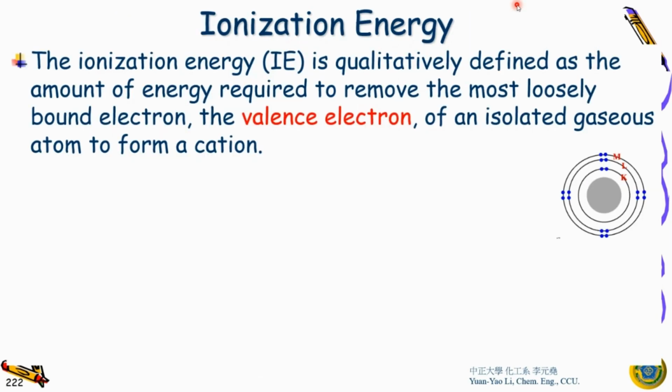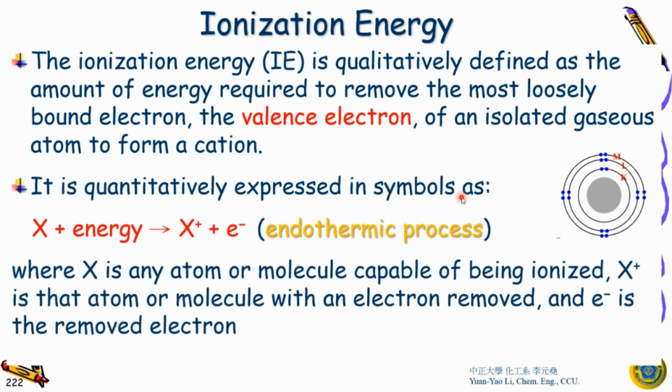Okay, the topic 4 is ionization energy. This is also important. Ionization energy, which you already learned before, is quantitatively defined as the amount of energy required to remove the most loosely bound electron, the valence electron, of an isolated gaseous atom to form a cation. In the previous topic, we wanted to force an electron into the atom; this is called affinity.